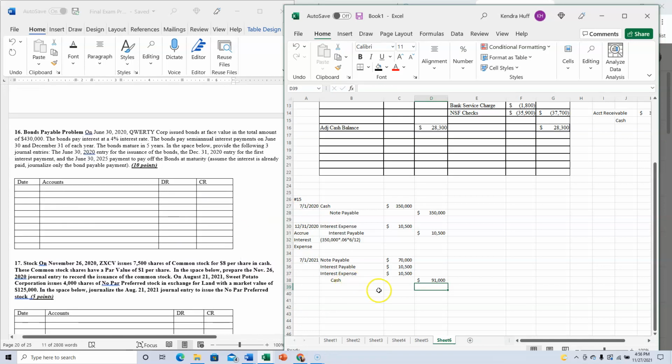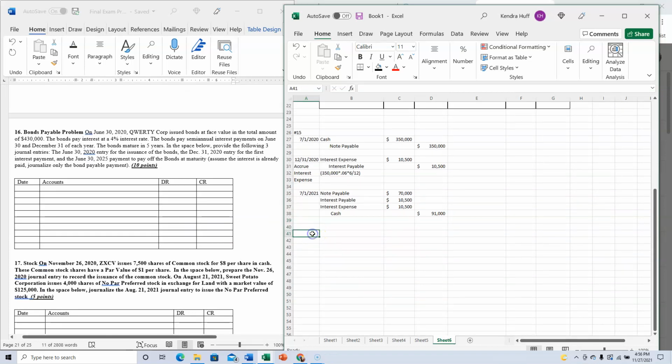All right, number 16. On June 30th of 2020, QWERTY Corp issued bonds at face value in the total amount of $430,000. Bonds pay interest at a 4% interest rate. Bonds pay semi-annual interest payments on June 30th and December 31st of each year.